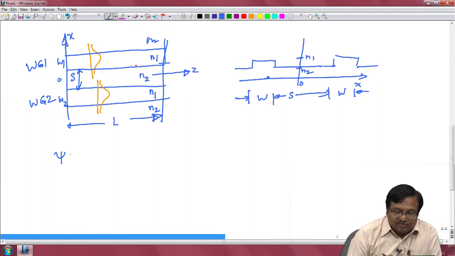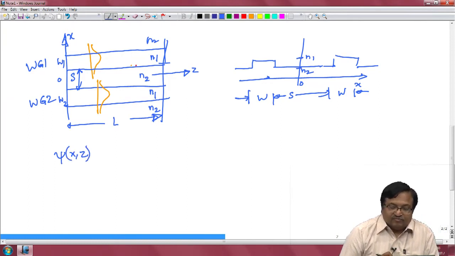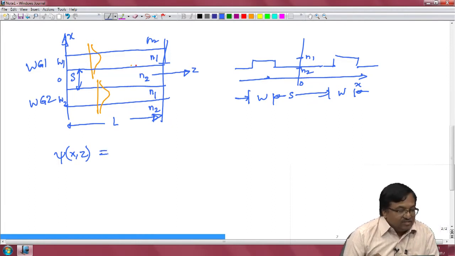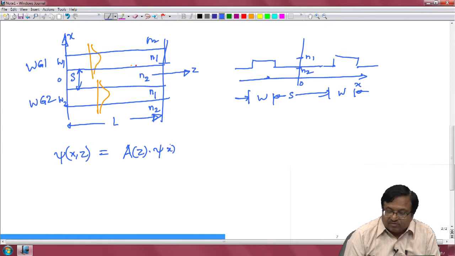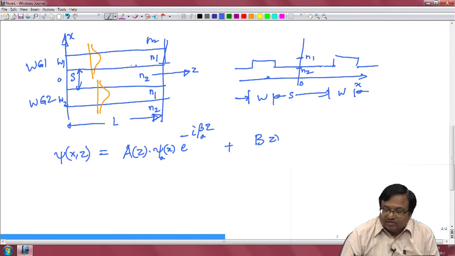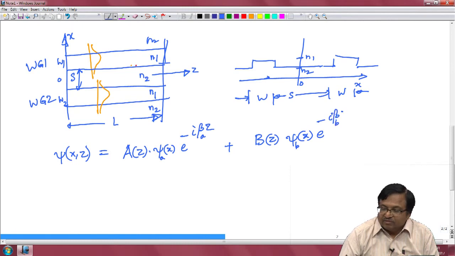Let us say psi of x comma z is the field that we are trying to evaluate, and this is expressed as a linear combination as follows: A of z into psi a of x into e power minus i beta a z plus B of z into psi b of x into e power minus i beta b z.